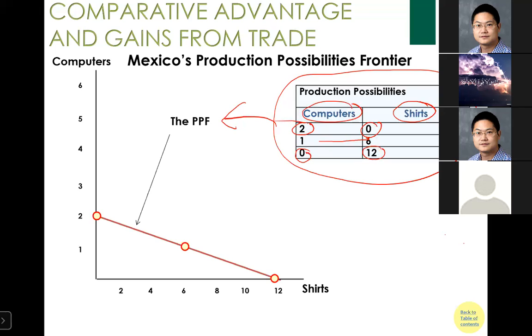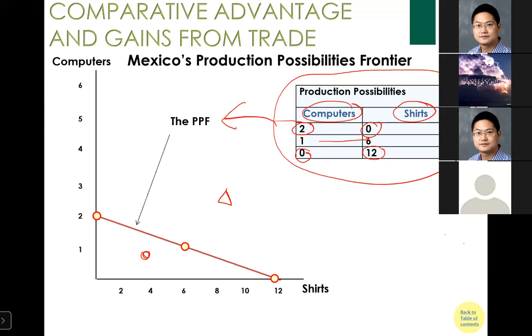To remind yourself, any point on the line is efficient. Any point inside the line is feasible but not efficient. Any point outside the line is not feasible. More specifically, a point here is feasible but inefficient, and a point here is infeasible.